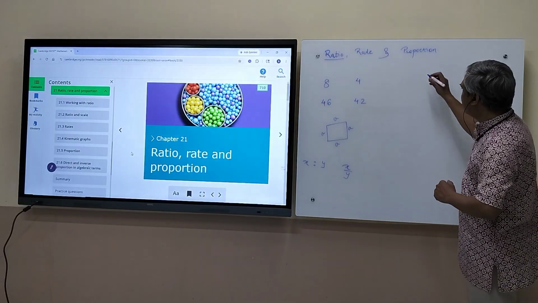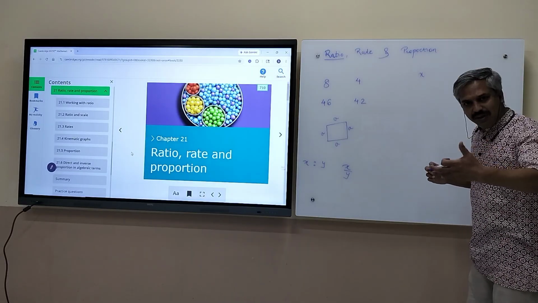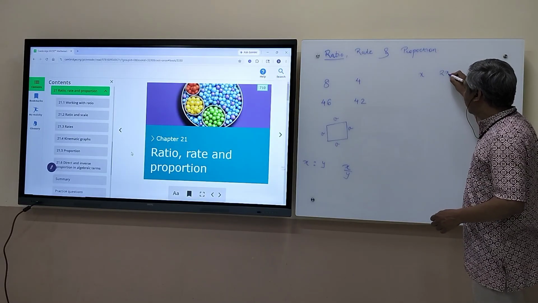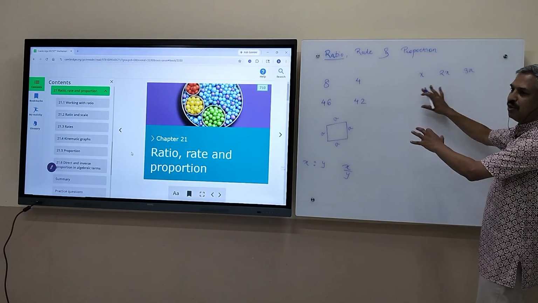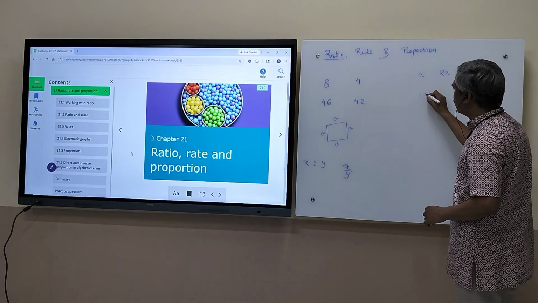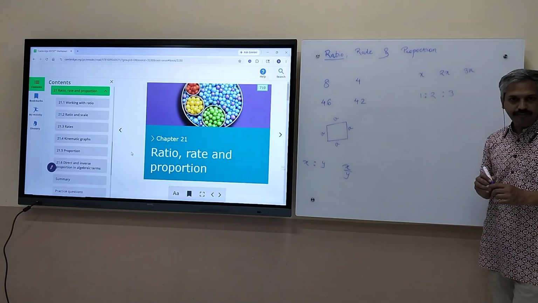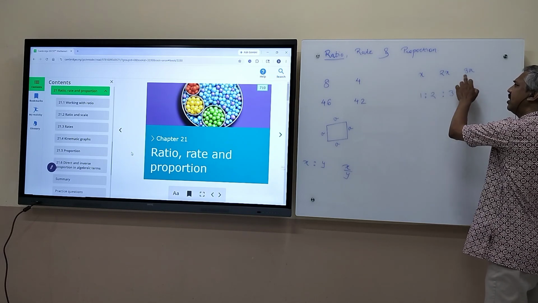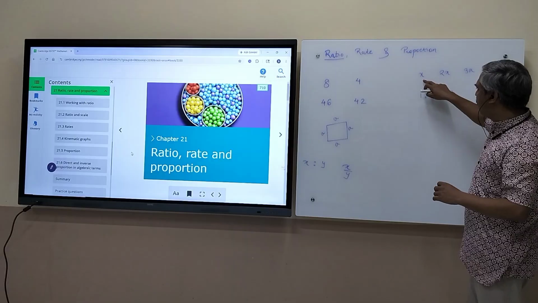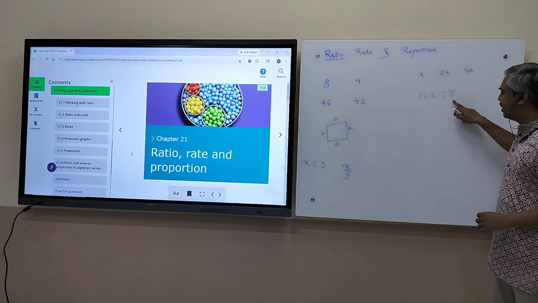So the investments are, supposing the first friend invested x rupees, the second will invest double, that is 2x, and the third will invest 3x. So their investments are in the ratio 1 is to 2 is to 3. The meaning of the word ratio is to divide by the common factor, whatever is the common factor, just divide and write in this form.